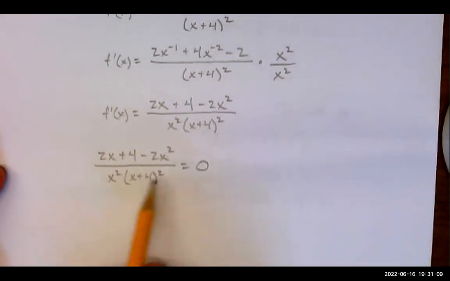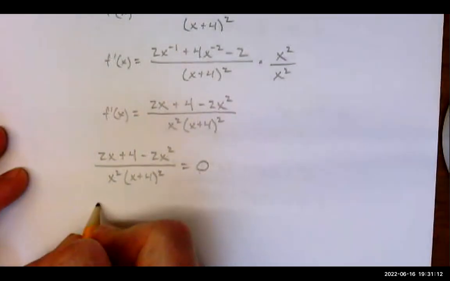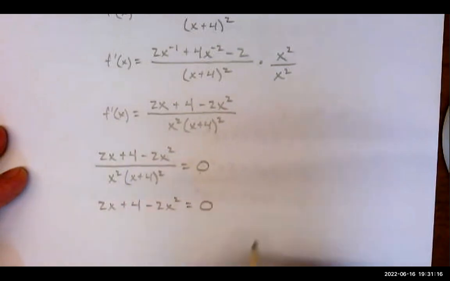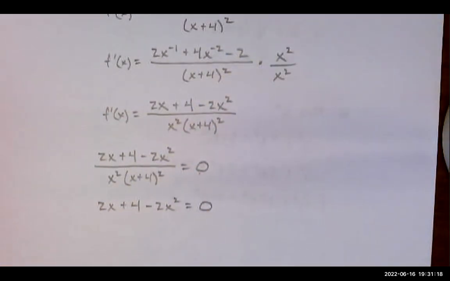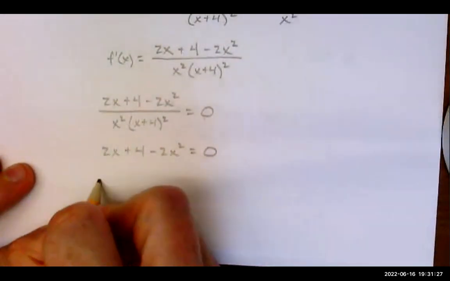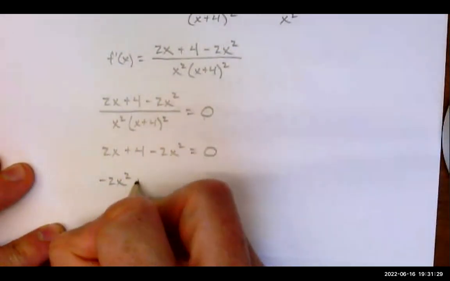This denominator, we can multiply it to both sides, and it's just gone. It cancels out, multiplies by 0. Excellent.